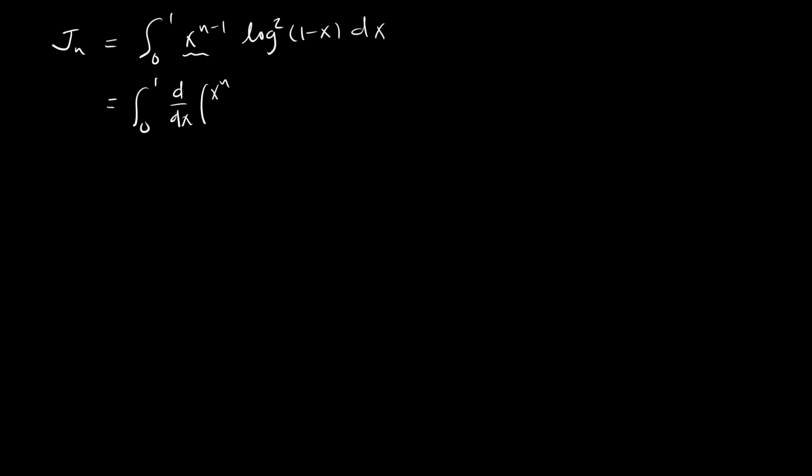So Jn happens to be the definite integral from x equals 0 to 1 of x to the power n minus 1, the square of the natural logarithm of 1 minus x. So the first thing we'll do here is go ahead and express this part as the derivative of (x^n minus 1) over n, right?